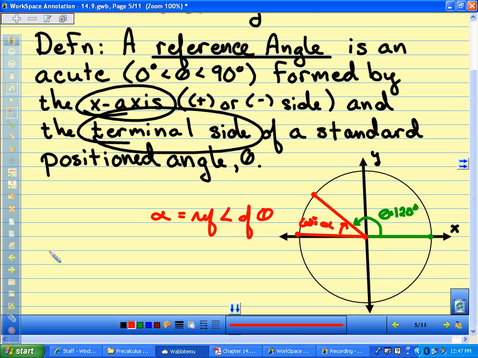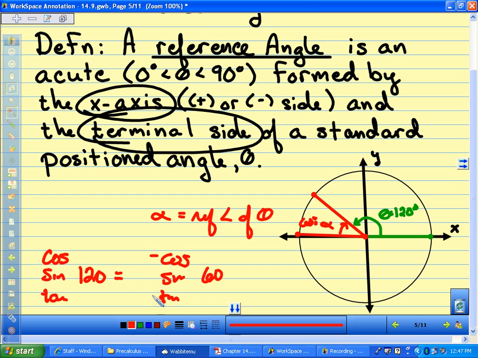So now, folks, very importantly here then, the cosine, sine, and tangent of 120 degrees are going to be pretty much the same as the cosine, sine, and tangent of 60 degrees, with the exception that they might have a negative. Now, what would have the negative in quadrant 2?